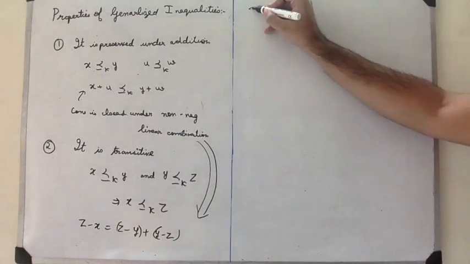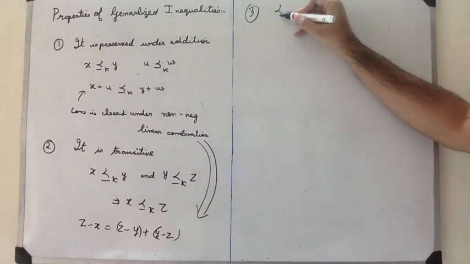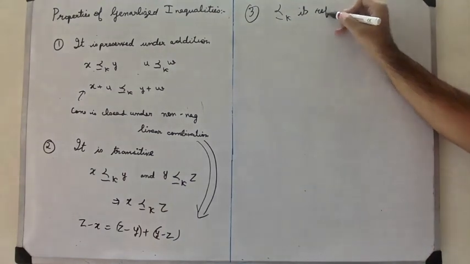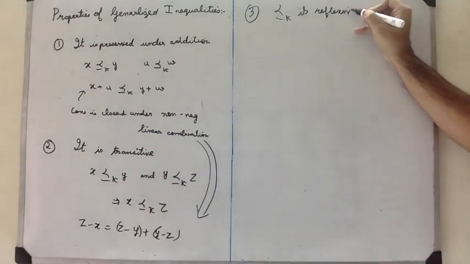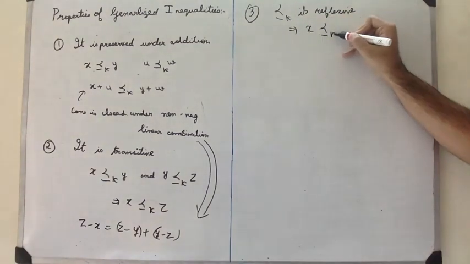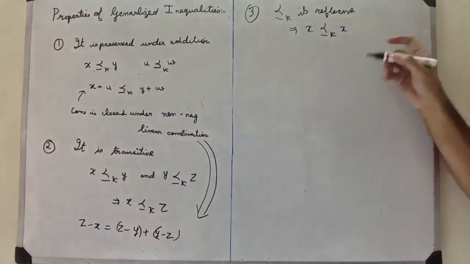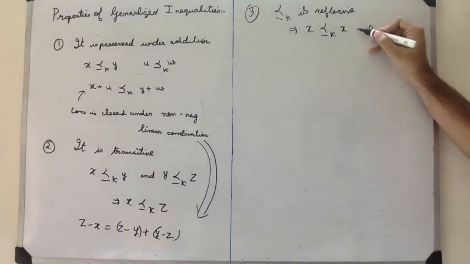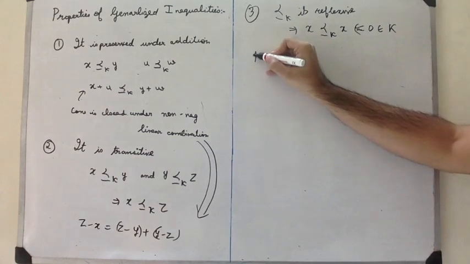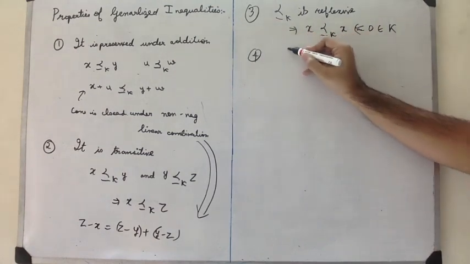So another property is that the inequality is reflexive. This means that x is comparable to x. This is because we have the property that 0 lies in the cone. Next, we have the anti-symmetric property.